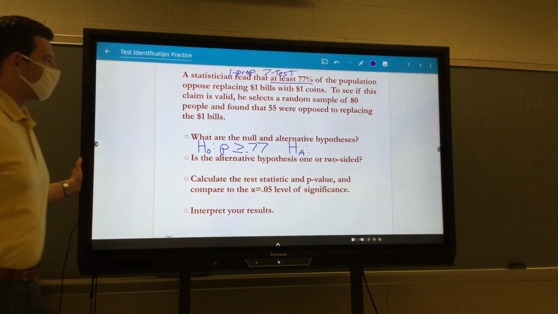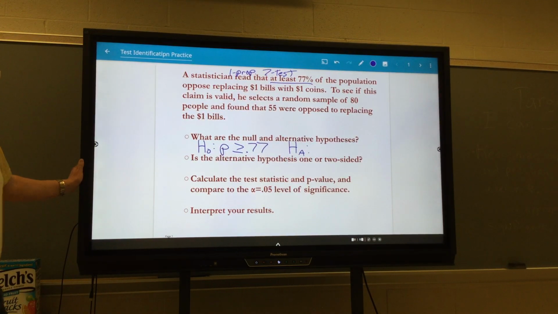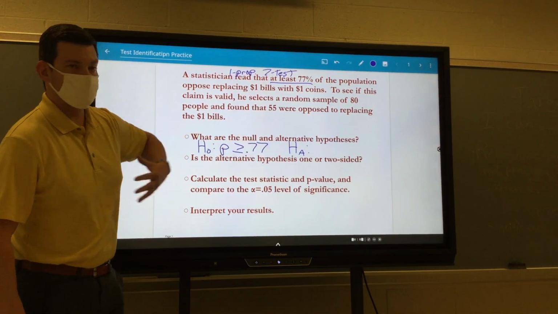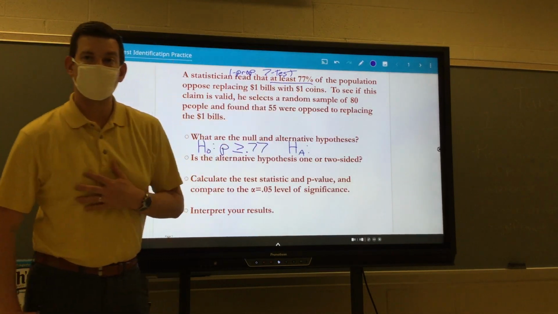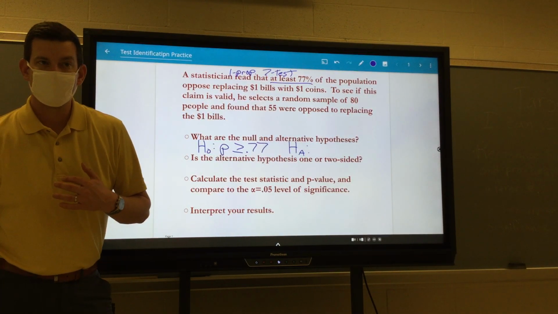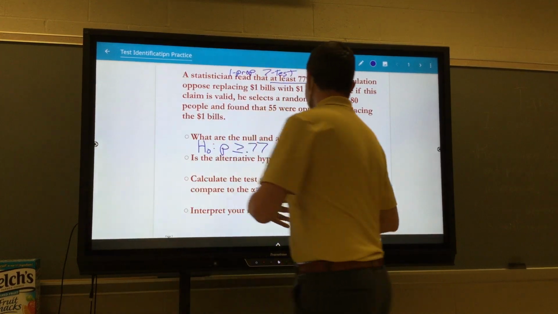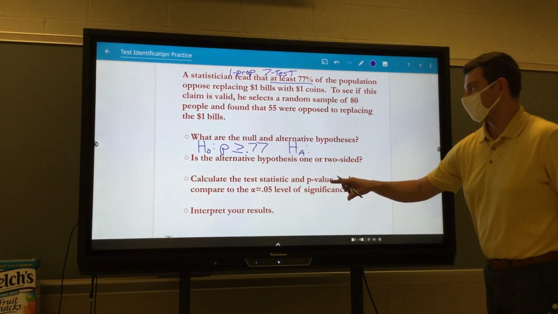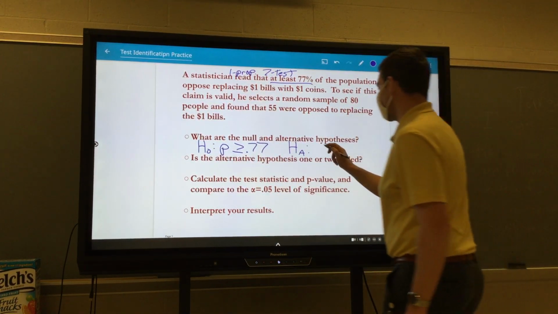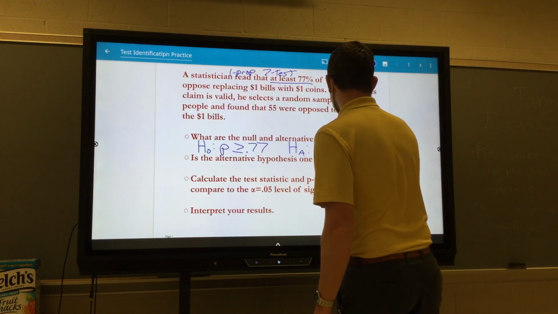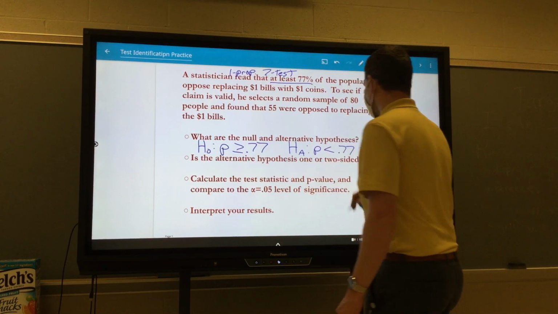Because in this alternative hypothesis, if they say what's expected is at least 77% is against it, then that means that we think that we have evidence that it's not that big. And we're going to say that this population proportion is less than 0.77.